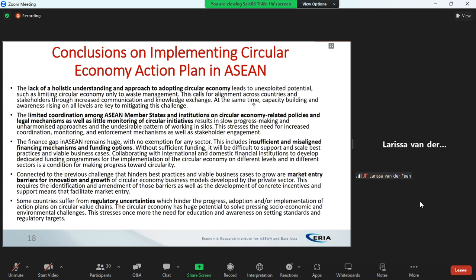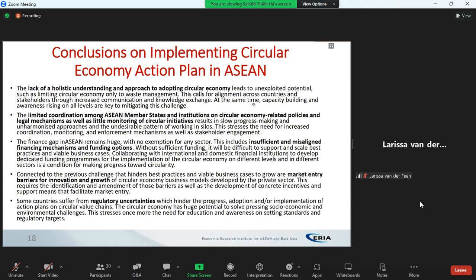The second is the limited coordination among ASEAN member states and institutions on circular economy related policies, mechanisms, and initiatives, resulting in slow progress, unharmonized approaches, and an undesirable pattern of working in silos. The financial gap is also important in ASEAN, so we need to strengthen financial mechanisms to fund options that encourage the circular economy.